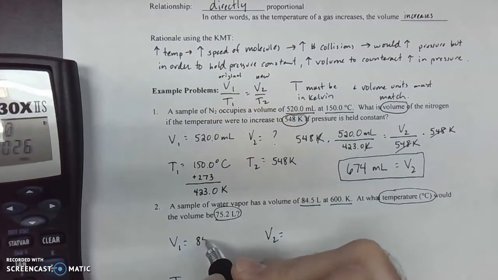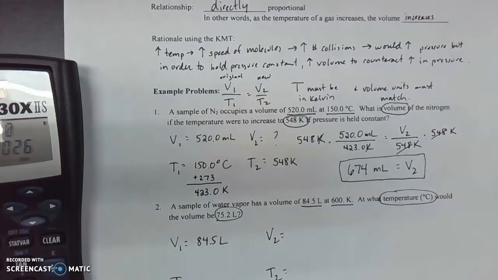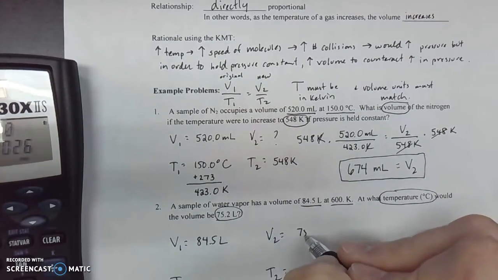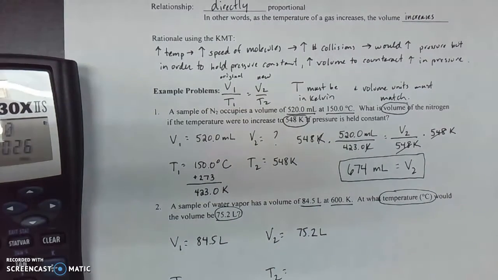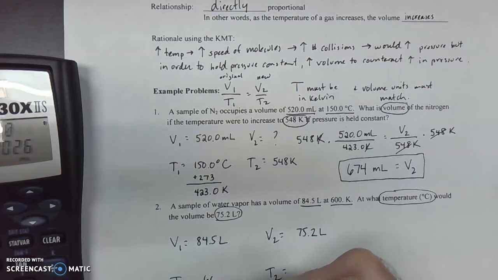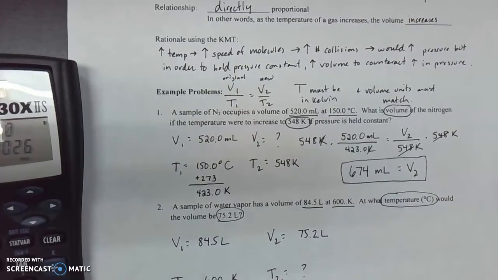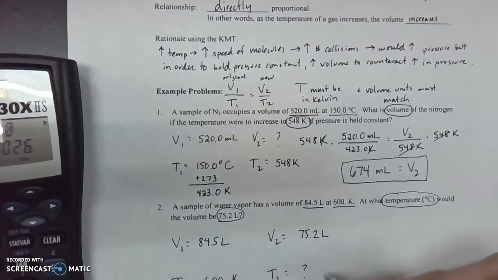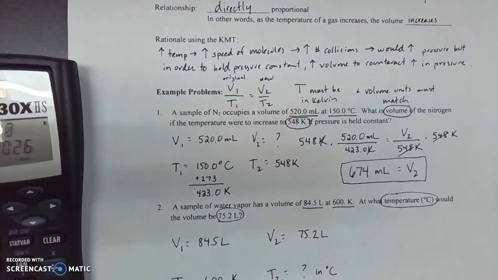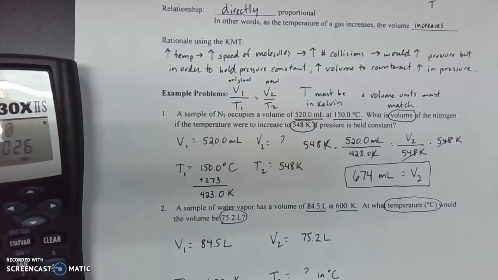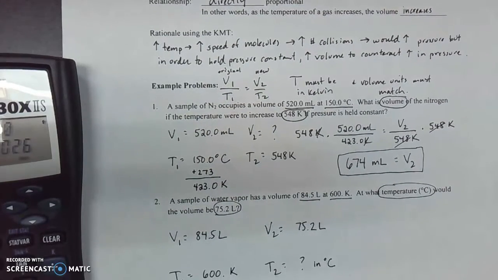Volume 1 is 84.5 liters. Volume 2 is 75.2 liters. So the volume is going down. If our original temperature is 600 Kelvin, we want to know what our new temperature is, but we want that in degrees Celsius. So we're going to have to solve for Kelvin first and then change it to Celsius.